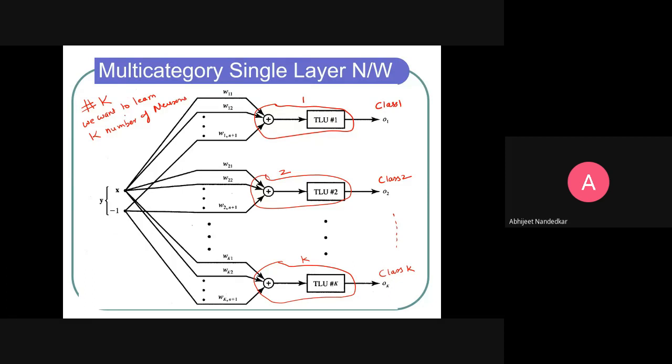So straight away, suppose I want to learn 10 classes, then I will take 10 neurons, 10 perceptrons, and every perceptron will receive the same input X and one more node fixed to plus or minus 1. So that doesn't make any difference.